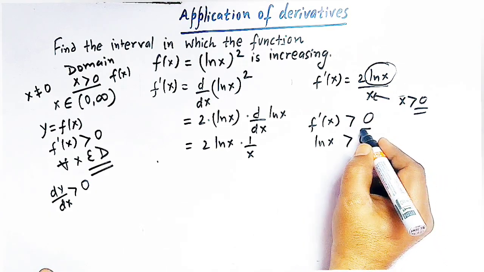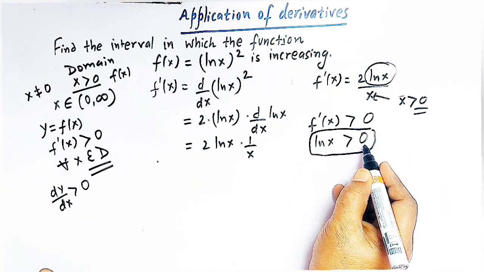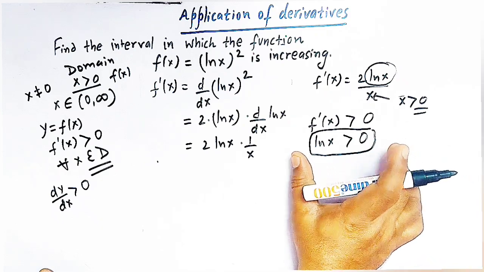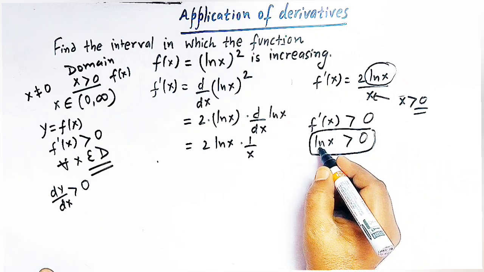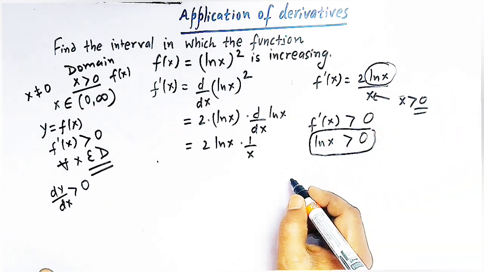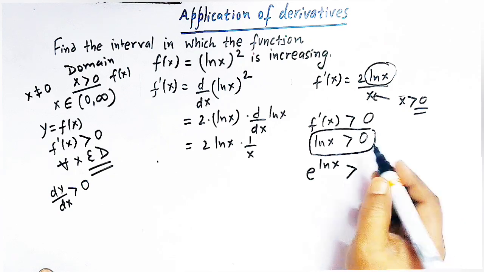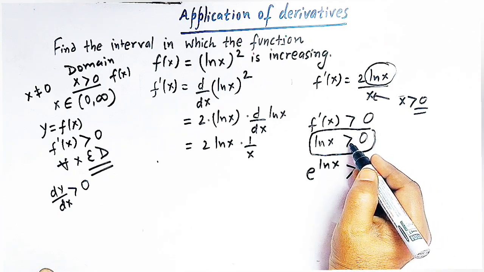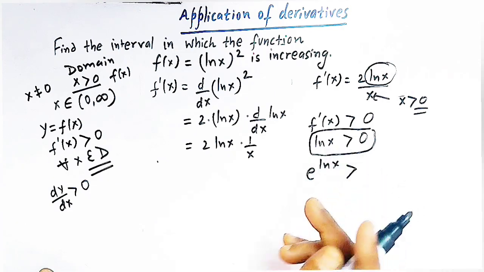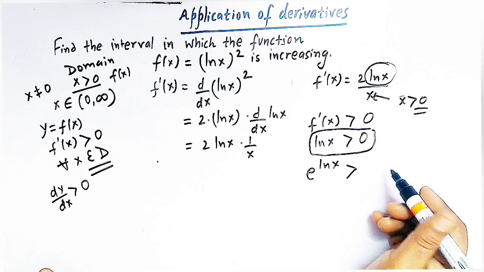So now we have to solve this inequality, natural log of x is greater than 0. To solve this inequality, we'll raise both these quantities to the power of e. So we can now write e raised to natural log of x, and here the direction of the inequality remains the same because the exponential function is an increasing function, right?